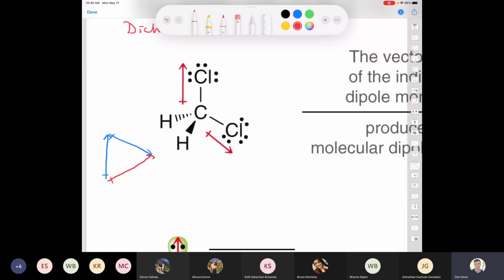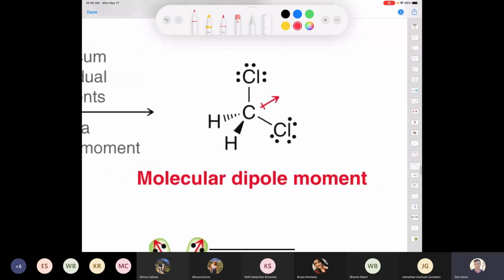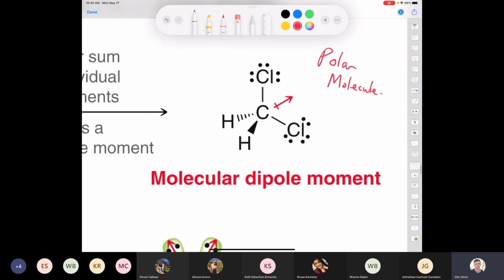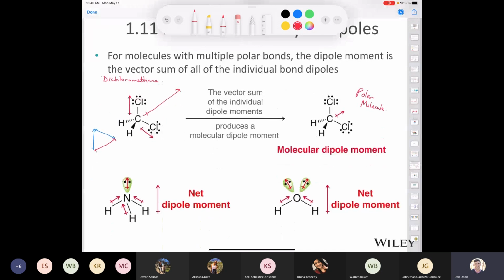So the net dipole is going to be going in that direction. The molecular dipole moment is going to be pointing off in this direction. So what does that mean? That means that this is a polar molecule. You've got to be able to add those vectors in your mind a little bit. You've got to be able to add vectors together.